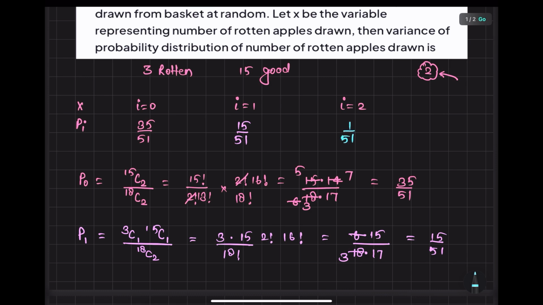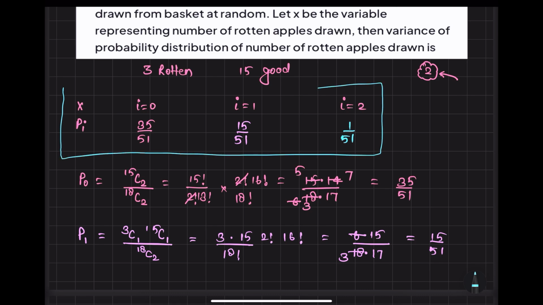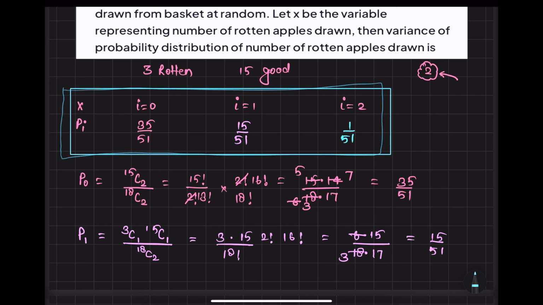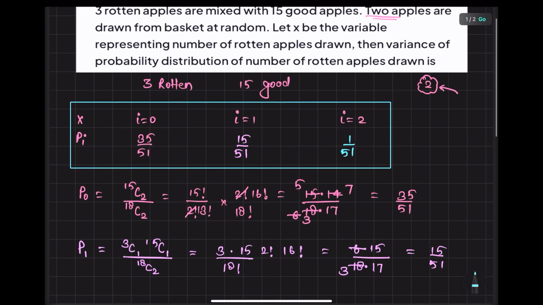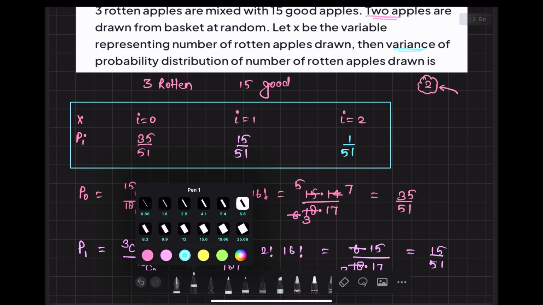I hope till this part you guys are okay. So this is the probability distribution. Now look at the idea. We have to find out the variance. Okay, so variance means what?